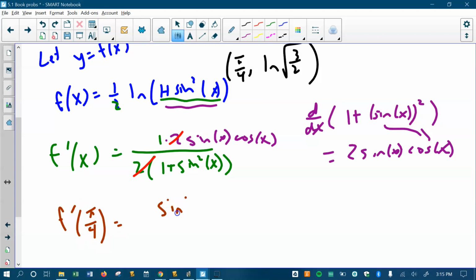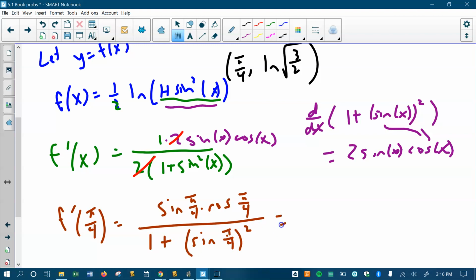Equals sine of pi over 4 times cosine of pi over 4 times 1 plus sine of pi over 4 quantity squared. Well, sine of pi over 4 is 1 over root 2, or root 2 over 2. 1 over root 2 again, squared.